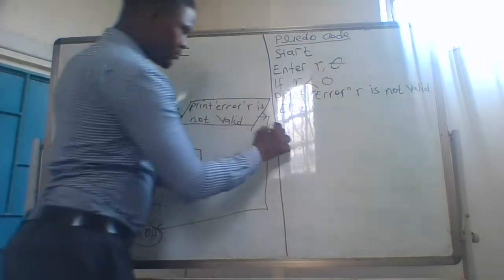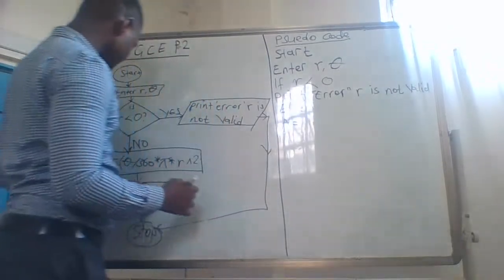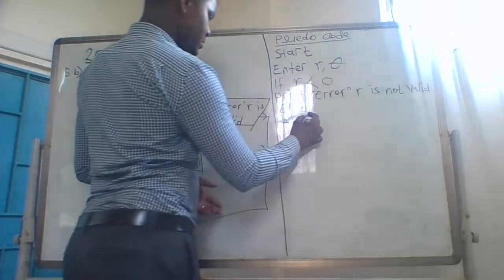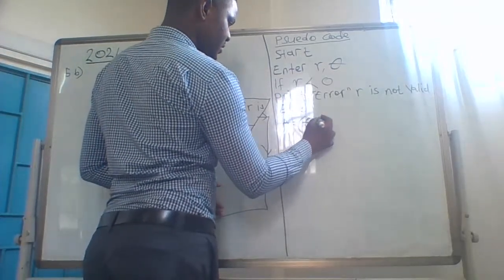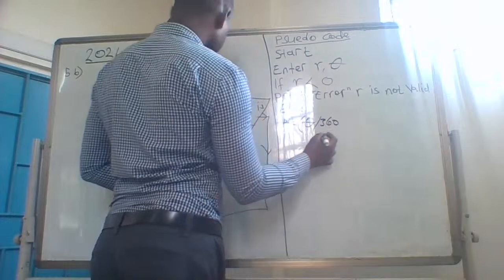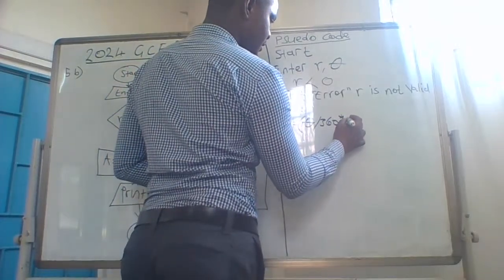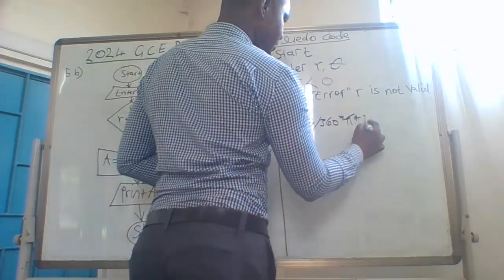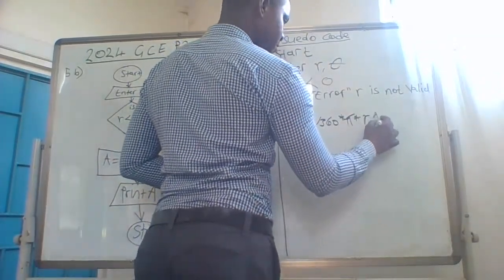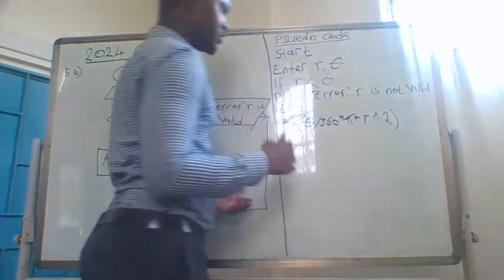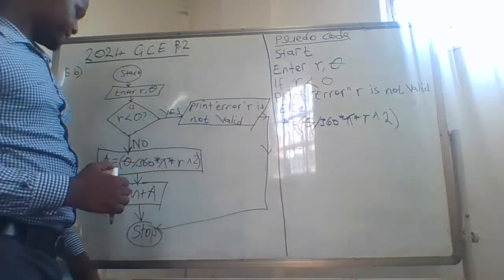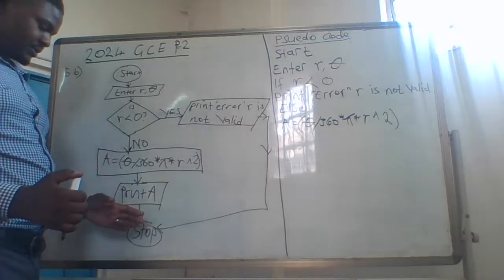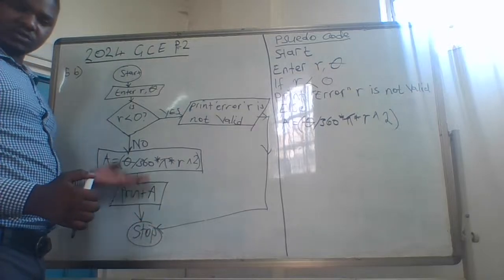Else, bring this part now, area equals, open parenthesis, theta over 360 times pi, times r to the power 2. You close it that way. Then what follows now? After that, you print A. Just copying the stuff which are here.